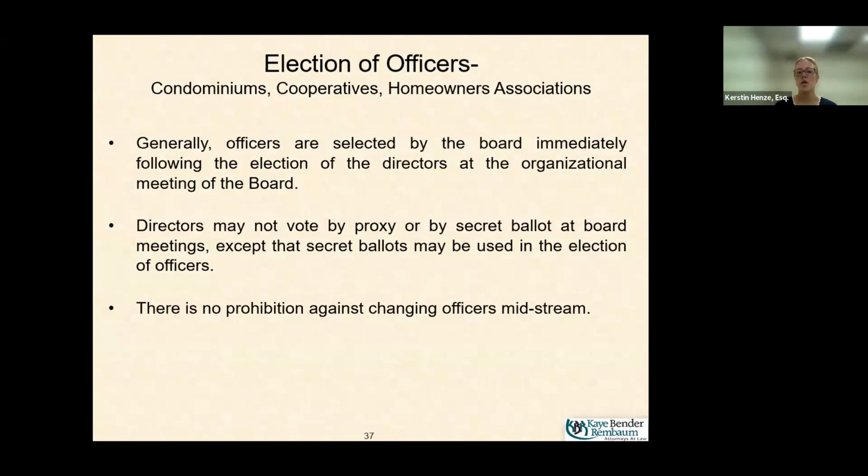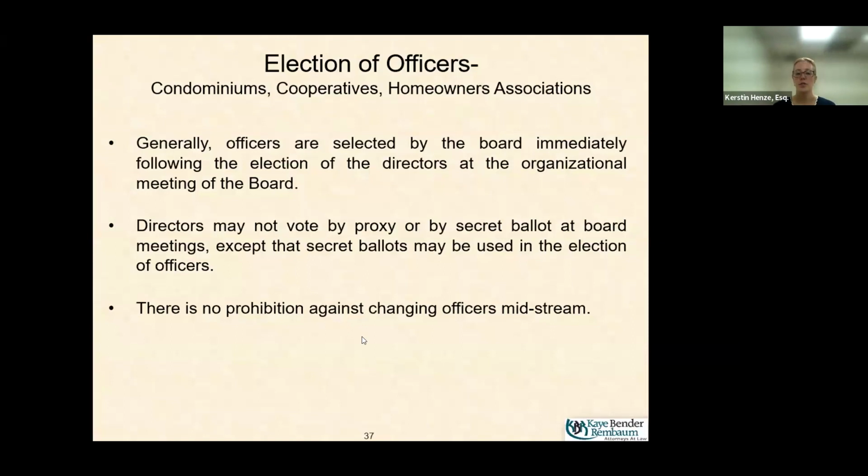Now, directors generally cannot vote by proxy or secret ballot, with the one and only exception that they can vote for officers by secret ballot. And it doesn't have to be complicated. It could be as simple as having the directors write the name of the officer that they're voting for on a post-it. Okay.